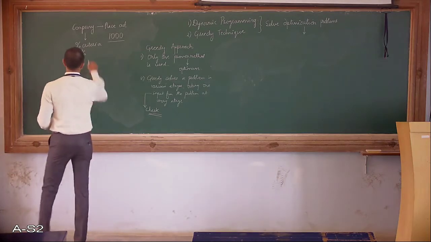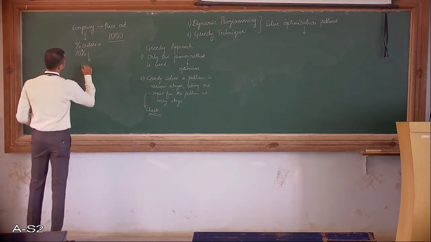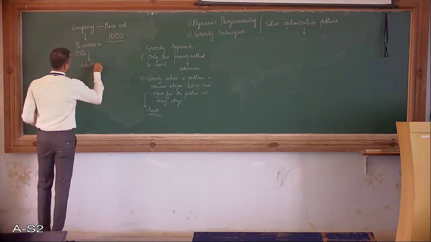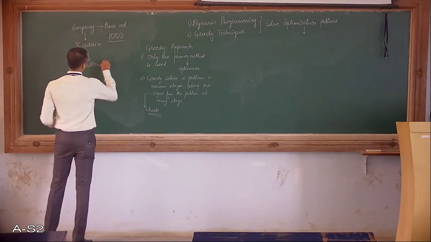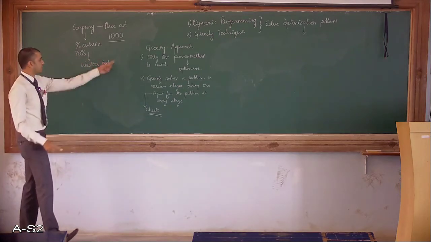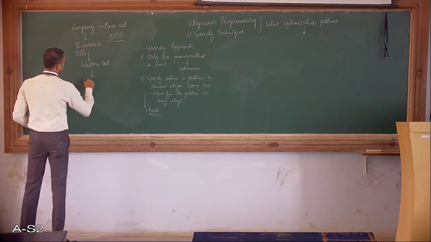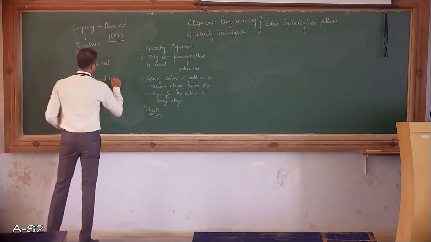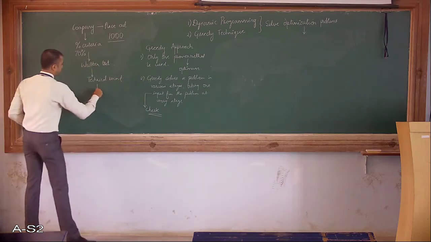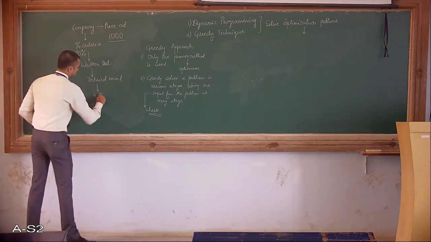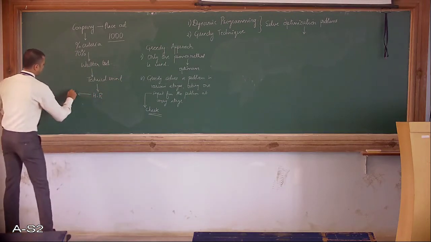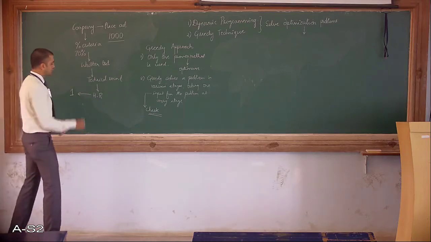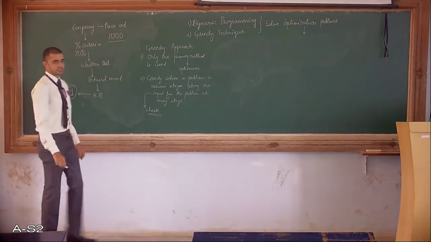Based on this, again, you filter out students by conducting a written test. After the written test, you filter out students for the technical round. Again, you filter out students for the HR round. Then after the HR round, you choose one candidate whom you feel is the best.